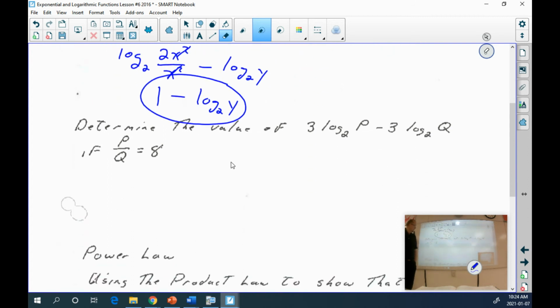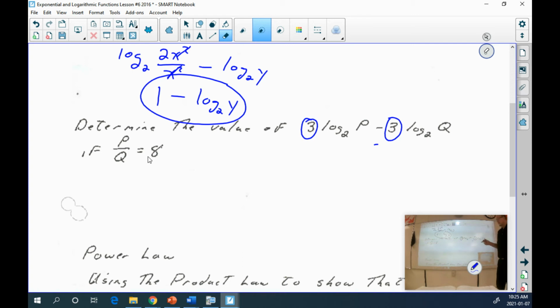Now, this one here comes off of a question that you would see in a diploma exam. We want to know what the value of this statement is if P over Q is equal to 8. Not log P over log Q. It's just P over Q. Now, where do we start? Well, the first thing I see, I got a difference sign between two logarithms, but I got this 3.